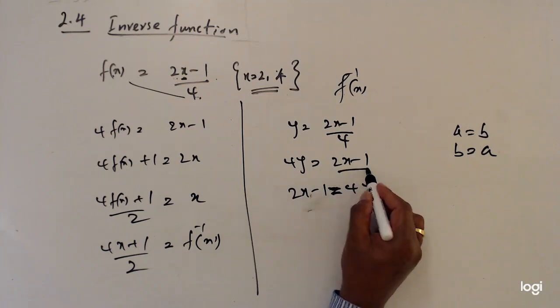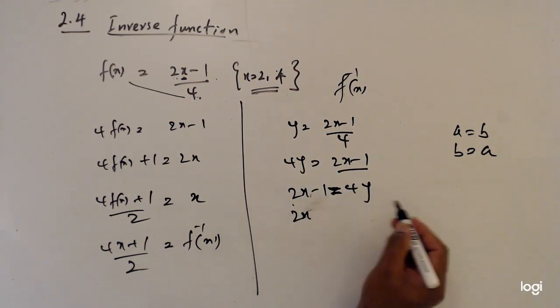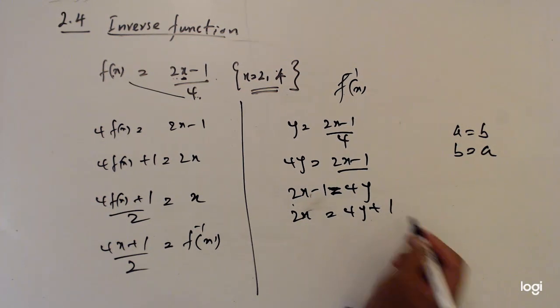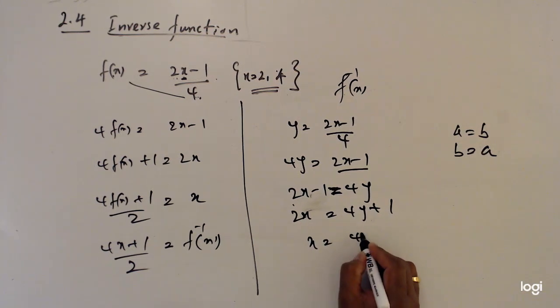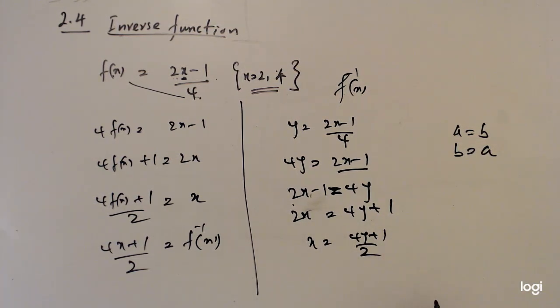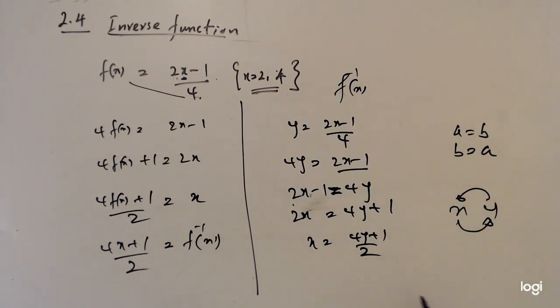So I'll put this one on the left and this one on the right. Then I'll bring it to the other side: 4y plus 1, and I divide by 2. So x equals 4y plus 1 over 2. Now instead of x we put y, and when we have a y we put x. So this is how you can find the inverse function mechanically.